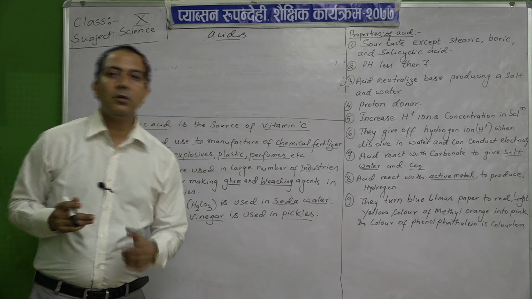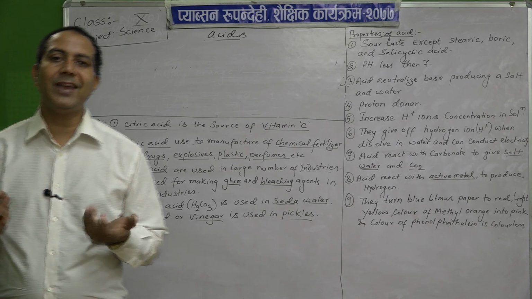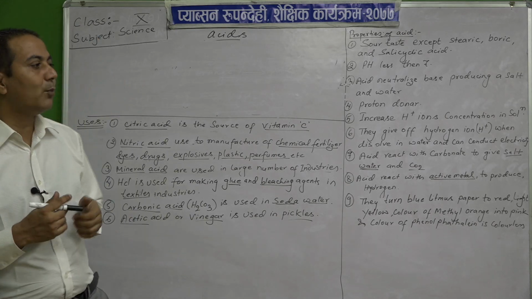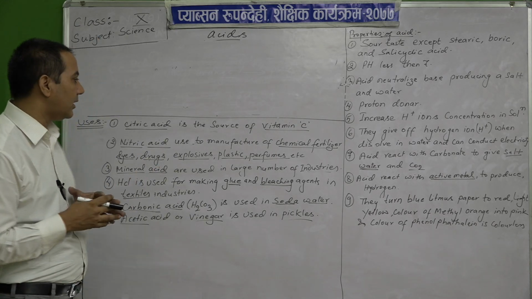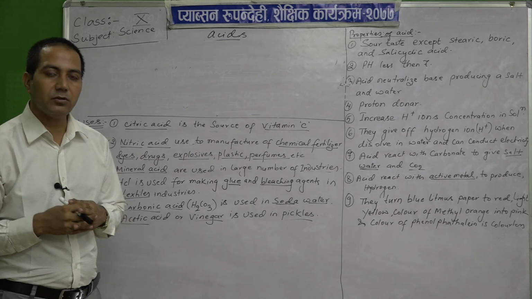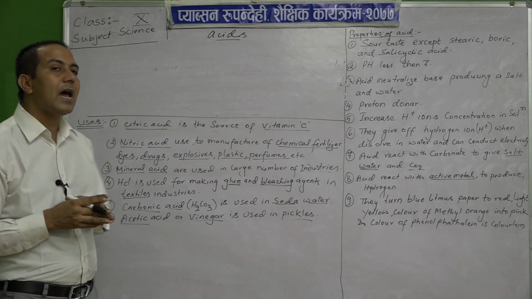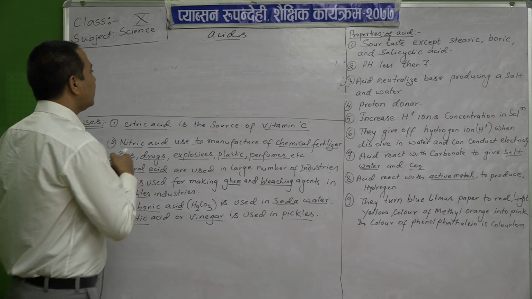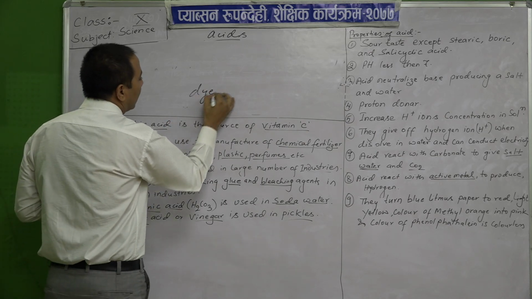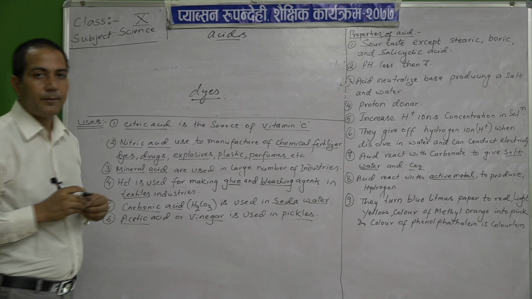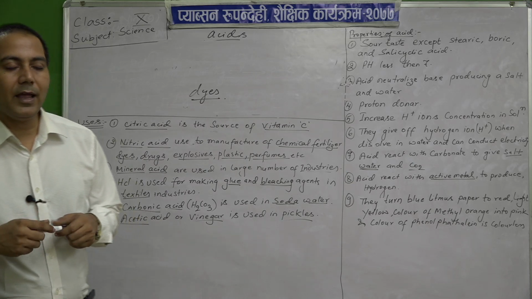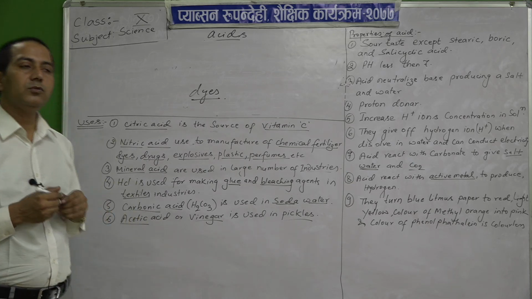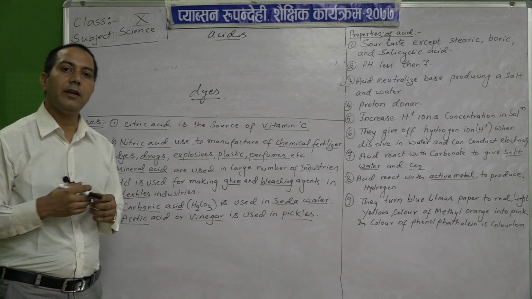These are also important because they are used to manufacture ammonia, and chemical fertilizer, that is urea, is also prepared from it. And dyes, do you know dyes? Dyes means the color, the cloth color, and dyes are also used by people for coloring their hair.